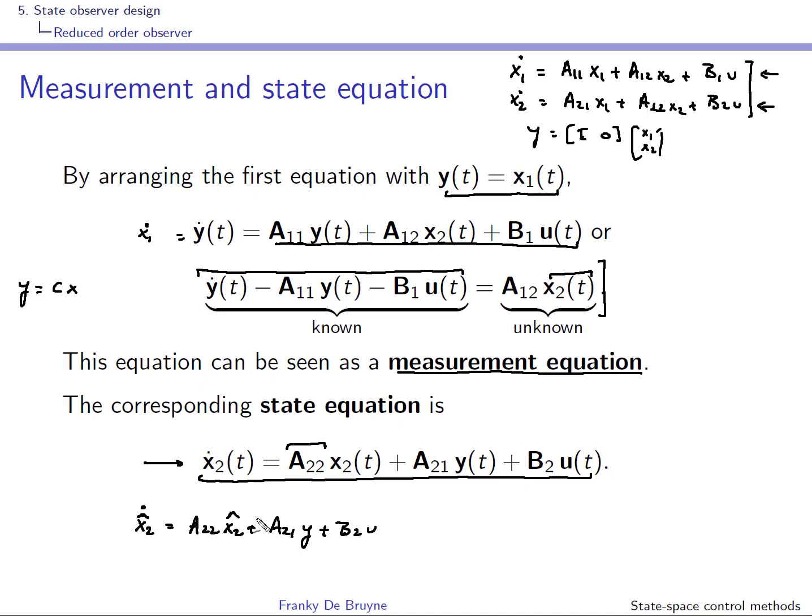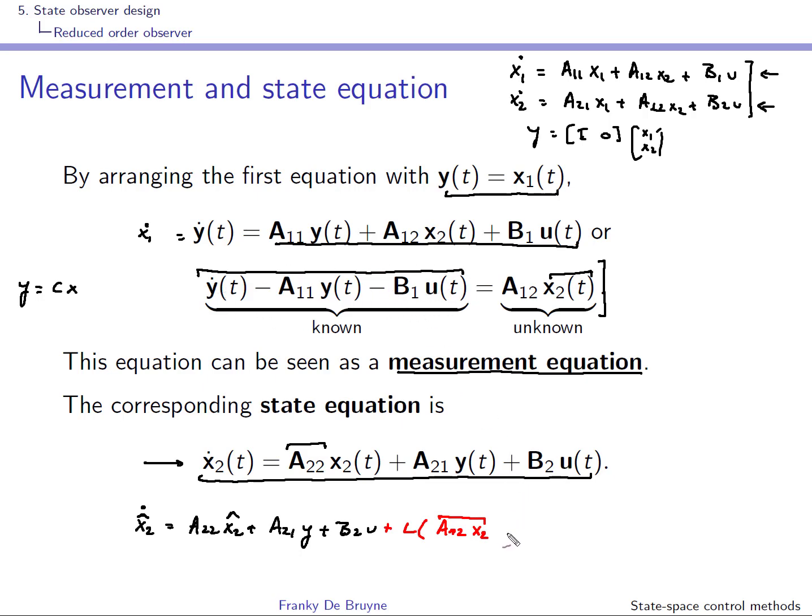So what we'll do is add a correction term, so an L here, an L of course for the reduced order observer design. Well, we'll use this signal here, A12 x2, this comes from the actual system, and this can be constructed because we can obtain it from known signals.